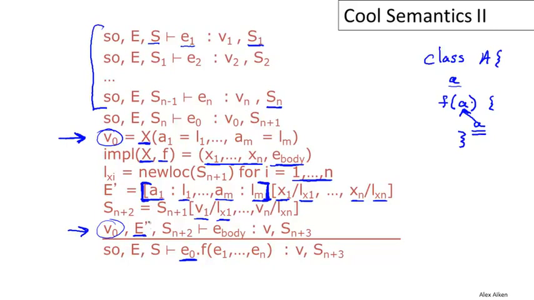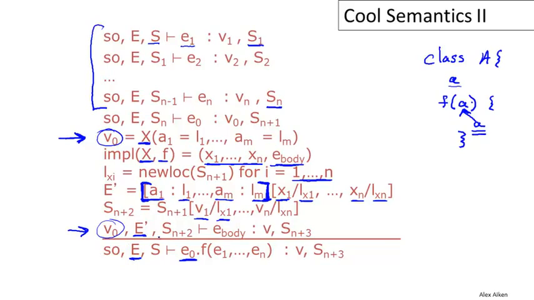And once again, notice that this is a complete change of context: the environment e prime has nothing to do with the environment e. E prime is built completely from scratch using only information about the method we're calling. It doesn't borrow anything from the environment where the method was called from.